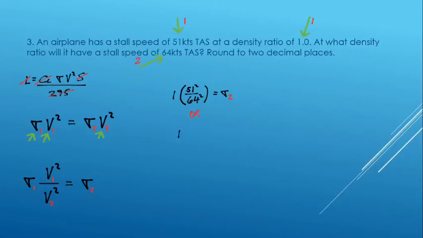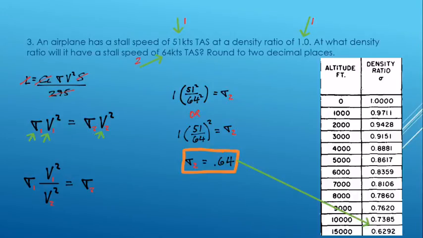Or alternately, we can take the square root of the original velocity divided by second velocity. And we wind up with a density ratio of 0.64. And what altitude would that be? Well, looking at just a basic standard atmosphere chart, we see that density ratio falls someplace between 10 and 15,000 feet.